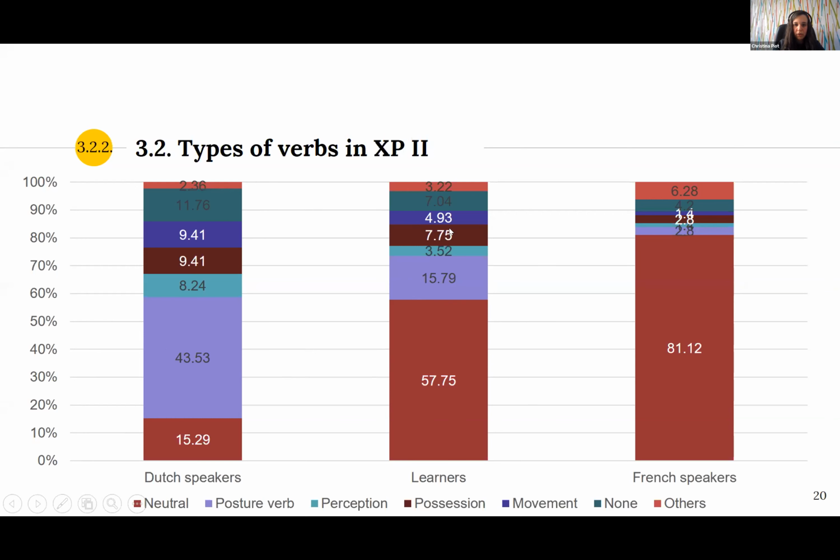The only thing here where they behave as Dutch native speakers is in the way that they use other types of verbs to describe location events, that is to say possession verbs and perception verbs, which are things that don't really occur in the French data.